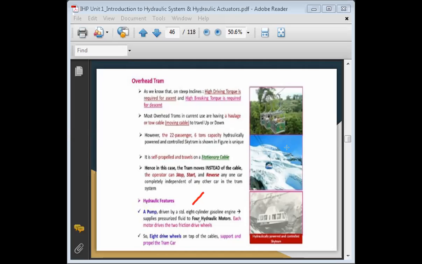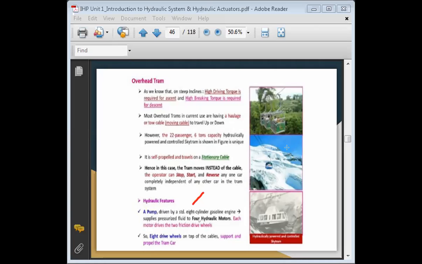Most overhead trams in current use have a haulage cable for the movable cabin to travel up and down.